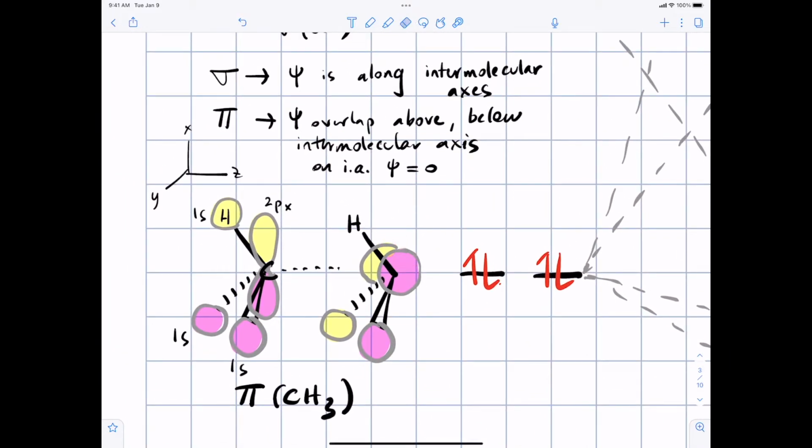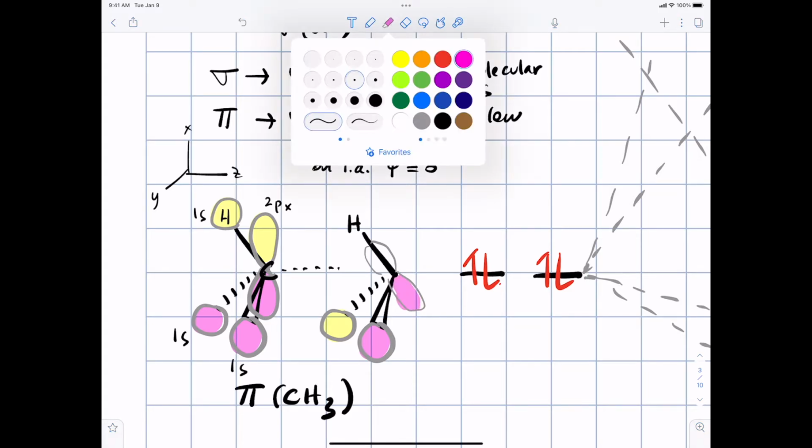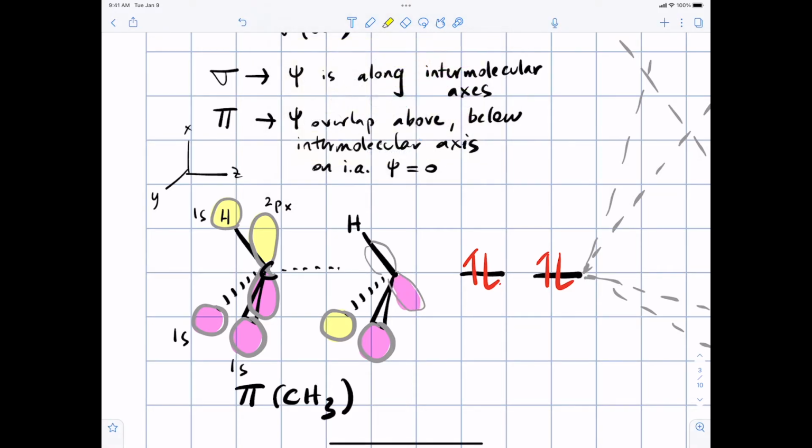Yeah, that is a representation of a p orbital on its side. It's not a particularly good one. It's hard to draw a p orbital coming out behind the page and then coming out towards you. It might make more sense to draw it like this. So this orbital comes from the 2py orbital on carbon with 1s orbitals on hydrogen.